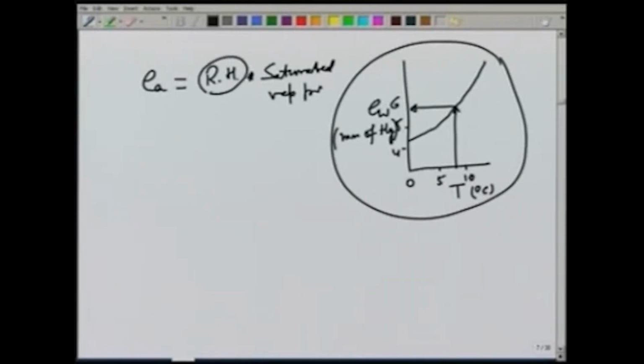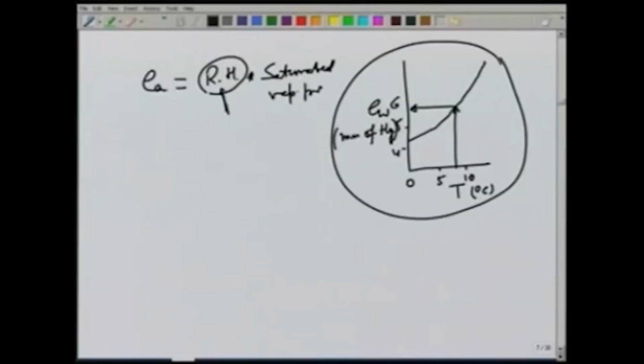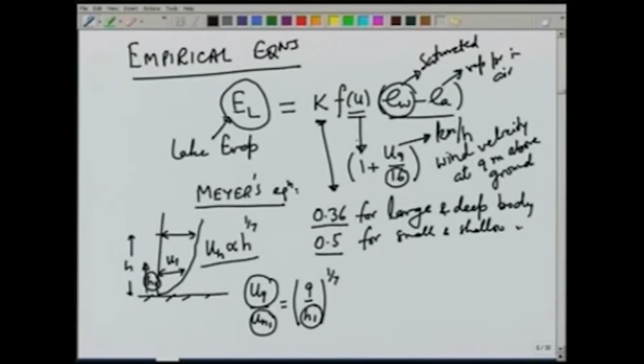Relative humidity measurement is typically done in weather stations, so this will be known to us, and knowing saturated vapor pressure, we can estimate what is the EA, and therefore in Meyer's equation we would have all the quantities available to us, which will give us the lake evaporation.